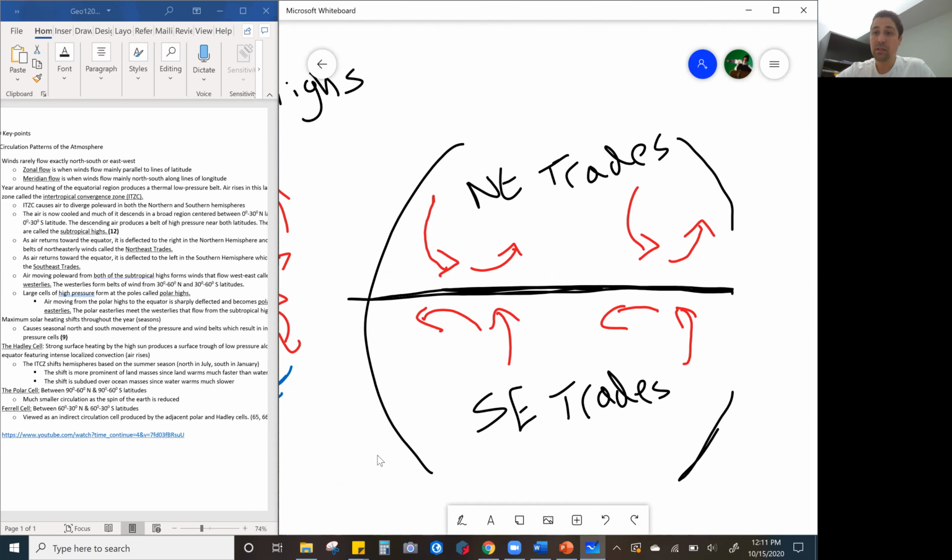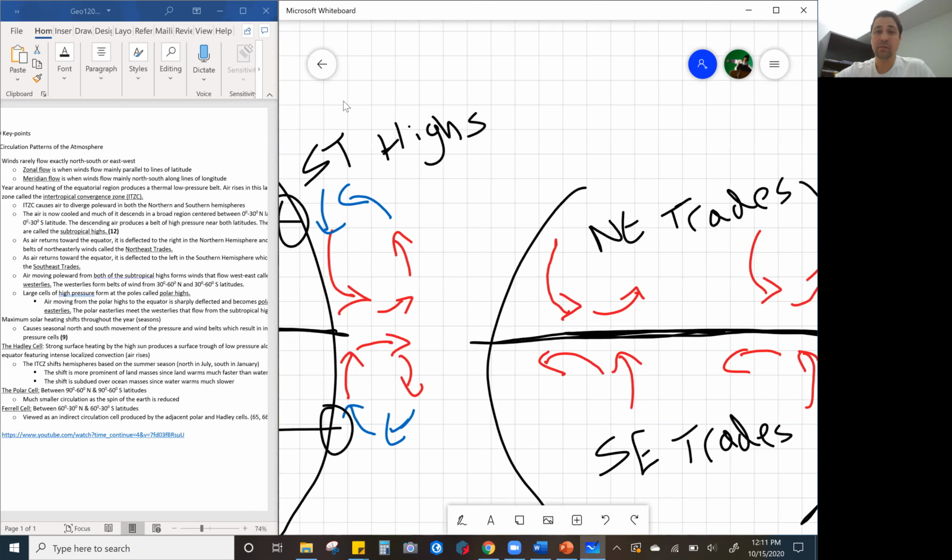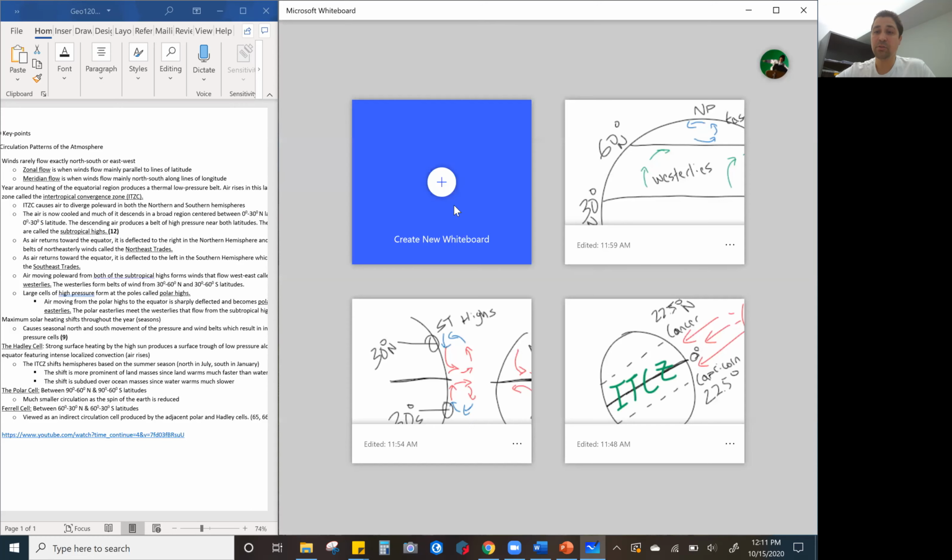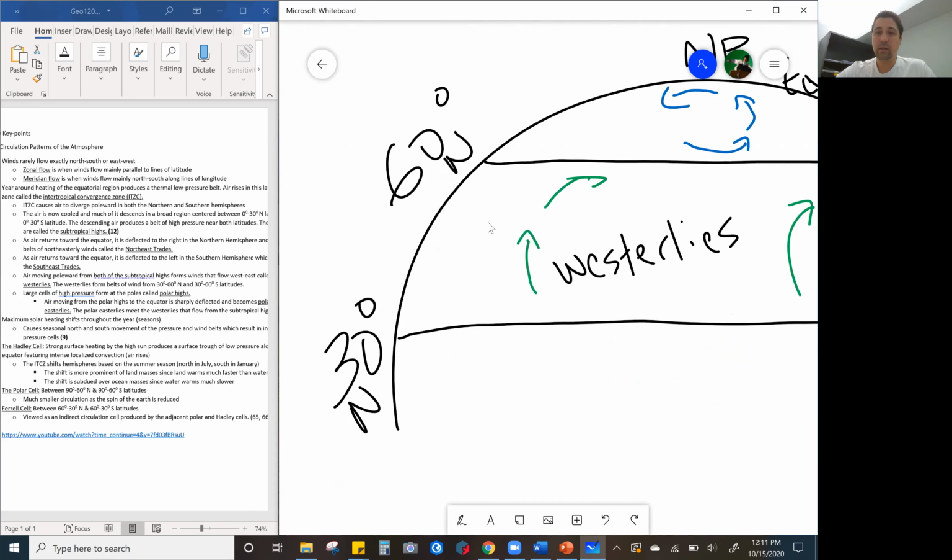Now, there's a little bit more to it because the air doesn't just stop at 30 degrees latitude. The air continues to circulate, and things start to shift a little bit differently.